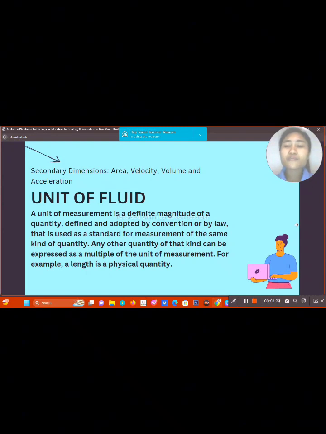That would be the basis for the measurements of that particular fluid or gas. Just like any other quantity, it can be expressed as a multiple of the unit of measurement. For example, a length is a physical quantity, and in order to measure that length, we need a unit.